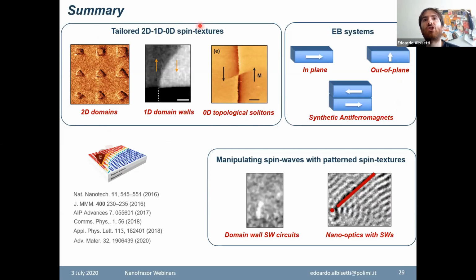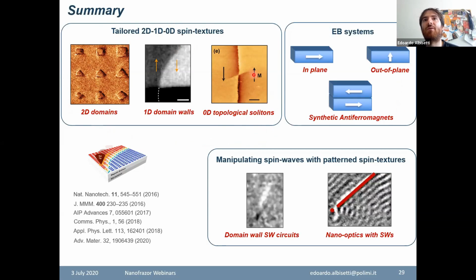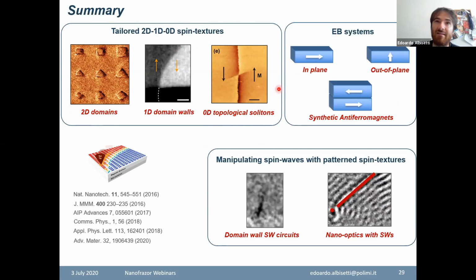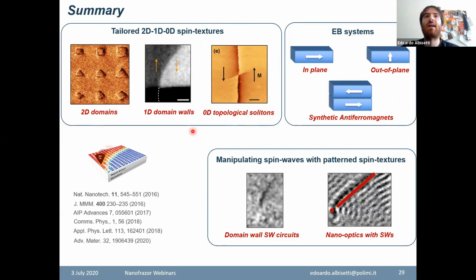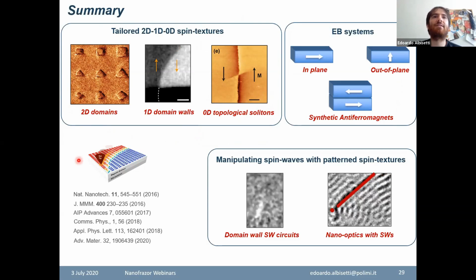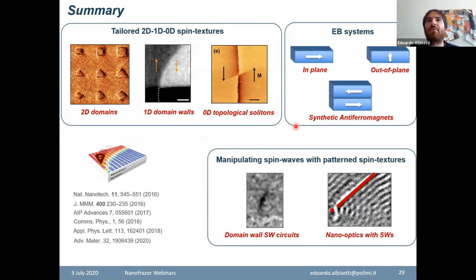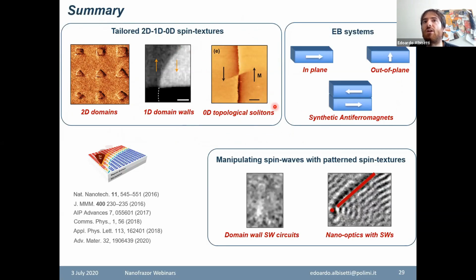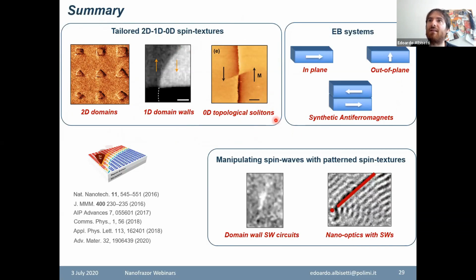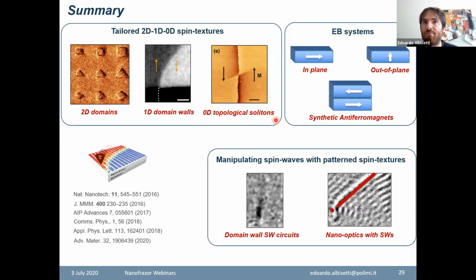And by controlling the shape and geometry of the patterning field and the shape of the patterning area, we can also control the types of textures that you can write, ranging from two-dimensional domains, to one-dimensional domain walls, and to zero-dimensional topological solitons with a deterministically defined topology.